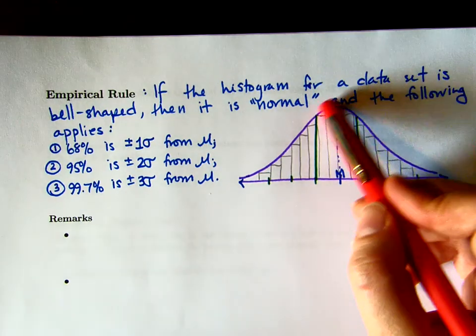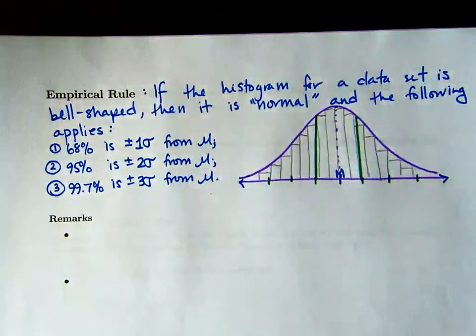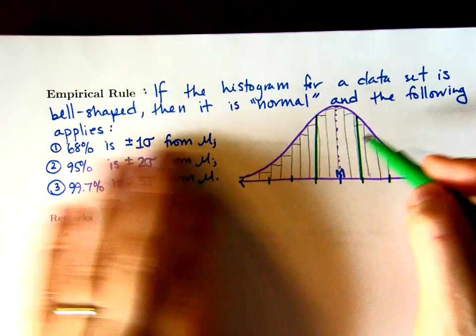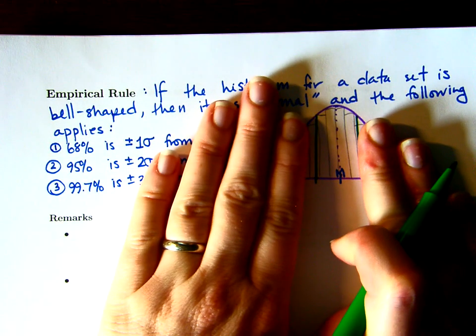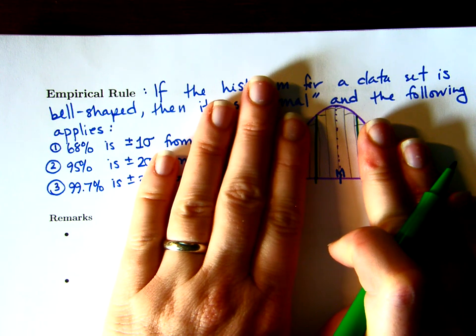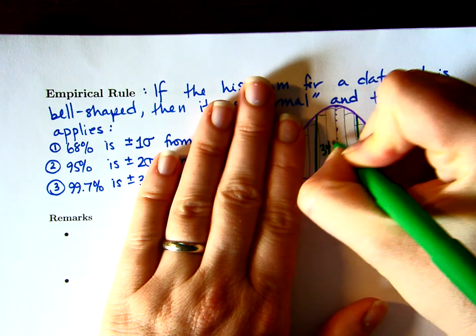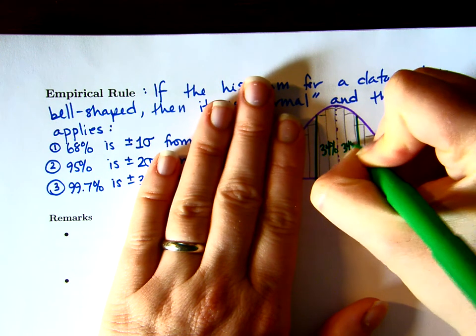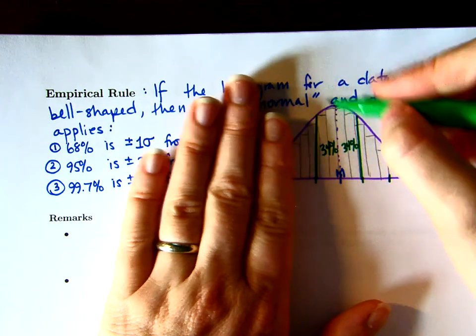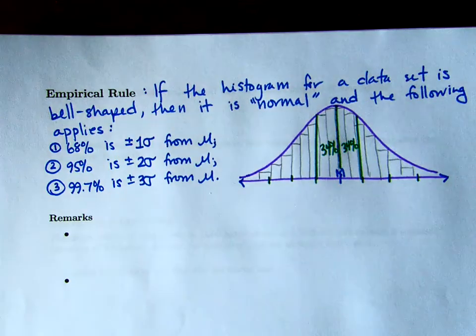It's saying this amount is about 68%. Okay, and that means between here and here, within 1 standard deviation around the mean is 68%, then your book says, well, split that in half. This is 34 and 34. Okay, and the mean is right there down the middle.